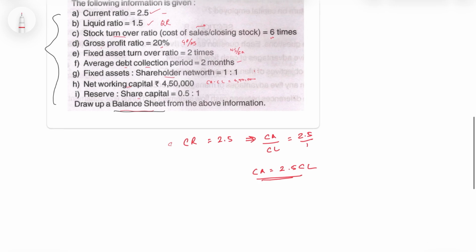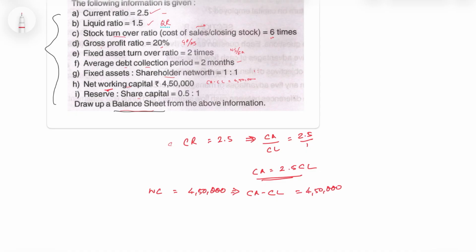Next, working capital, or net working capital, is 4,50,000. Current assets minus current liability is equal to 4,50,000.